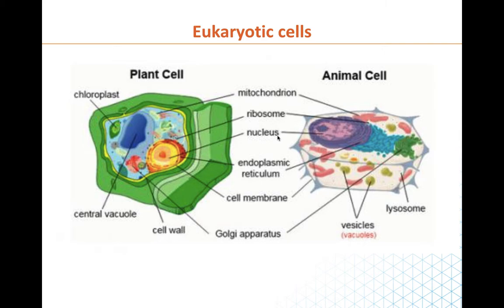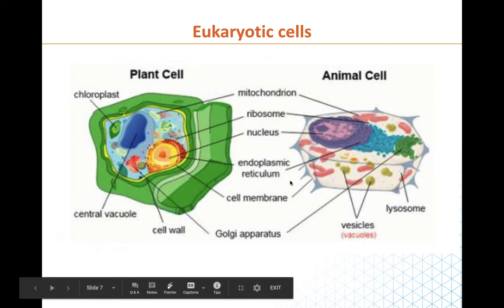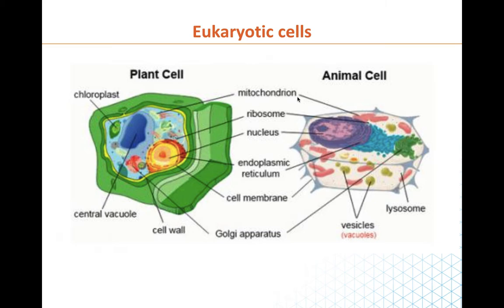They both have ribosomes, nucleus, endoplasmic reticulum, cell membranes, and Golgi apparatus, right? And they also both have a mitochondria. So a lot of people think, oh, mitochondria is for animal cells and plants have the chloroplast, but that's not true. Mitochondria is in both cells, plants and animals, okay? It's because it's a very important organelle and it's responsible for creating energy.